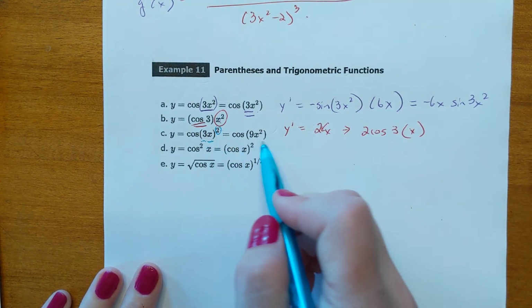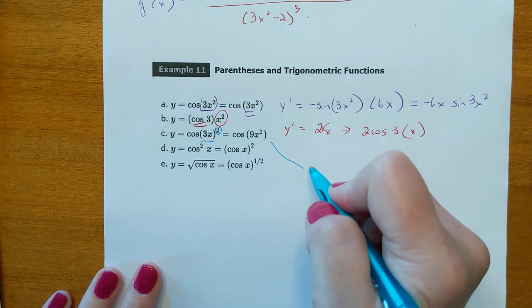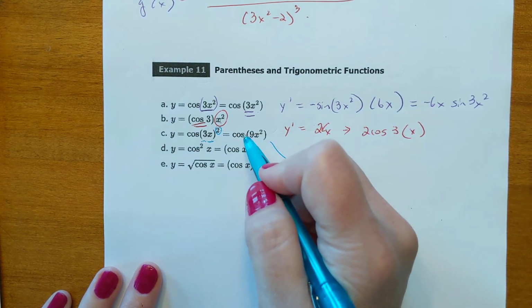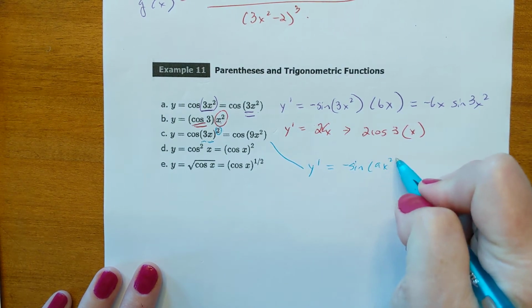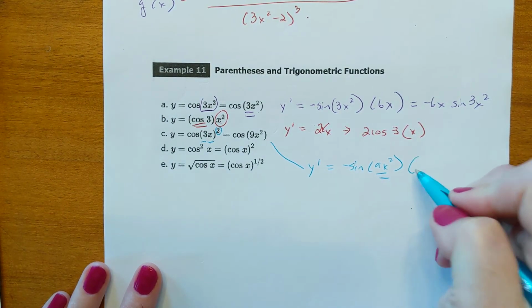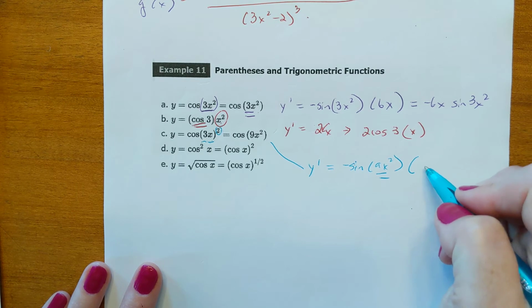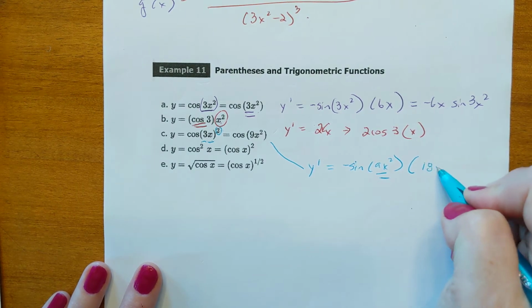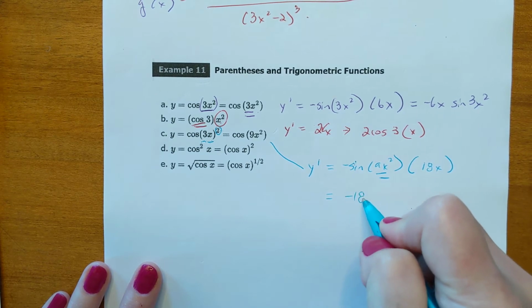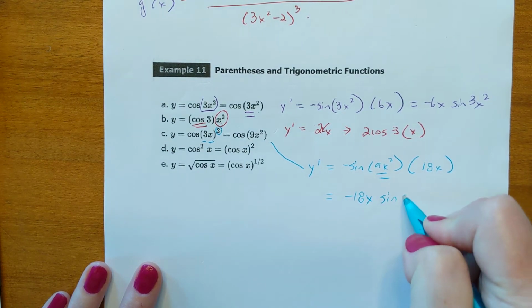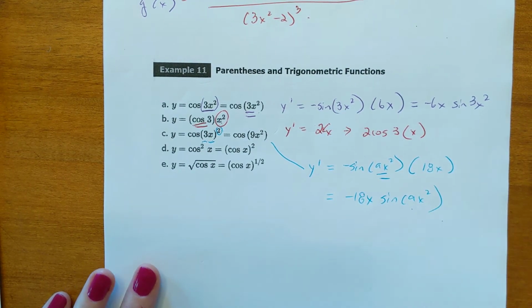Just go ahead, square it. It makes 9x squared. So when you do the derivative of that, again, the derivative of cosine is negative sine of 9x squared. And again, this is not the letter x. So now you have to take the derivative of that chunk, and that makes 18x. So the whole answer on it is negative 18x sine of 9x squared.